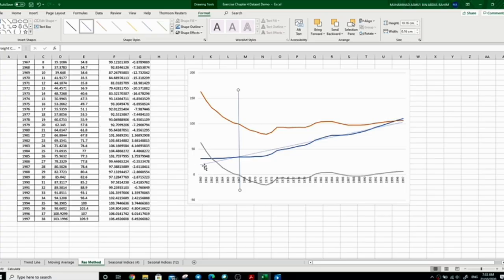Even when we plot our trend line, we see the original series is above our trend line. That's how we look at this cyclical component.